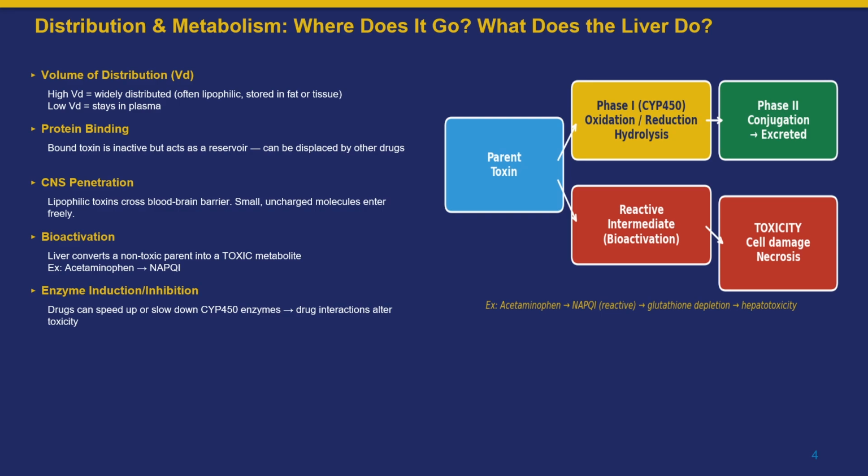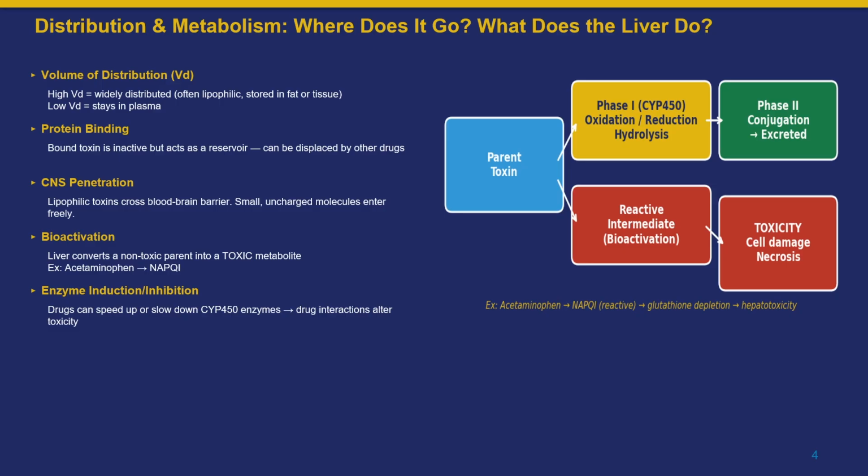Now, metabolism. The liver is the metabolic powerhouse. Phase 1 reactions, primarily mediated by the cytochrome P450 enzyme family, chemically modify the toxin, usually oxidation, reduction, or hydrolysis. This often adds a polar group that makes the molecule more water-soluble and easier to excrete.